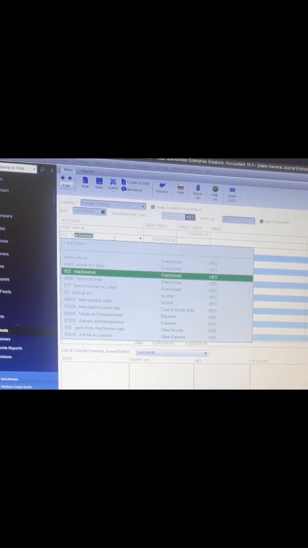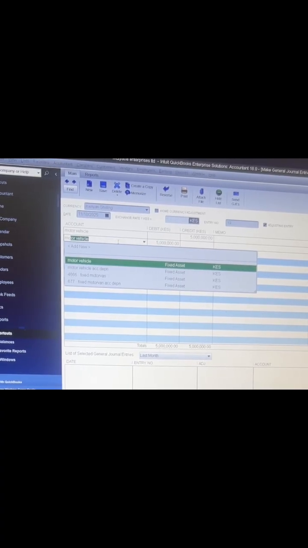Then the next account, that is the motor vehicle accumulated depreciation. We are going to debit it. We are going to change this amount.